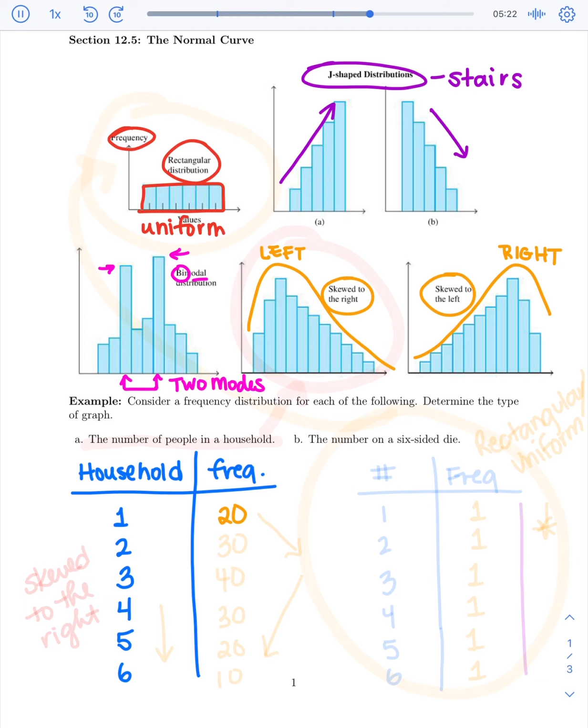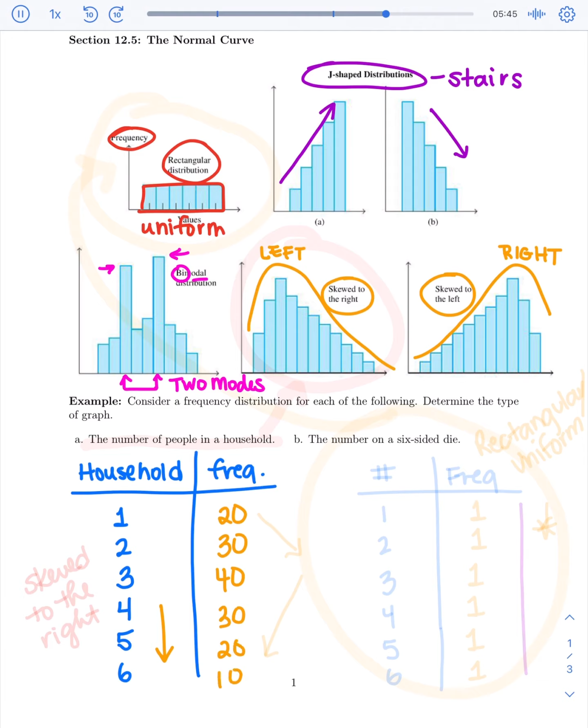You might have a little bit more households with 2 people, so that might be 30, and then more with 3. But then eventually it would start going down. The higher your number of people in your household, the less frequency there would be, especially as we get into 8 and 9 people. So it'd start trending back down. I'm just making this up, but that's kind of the idea.